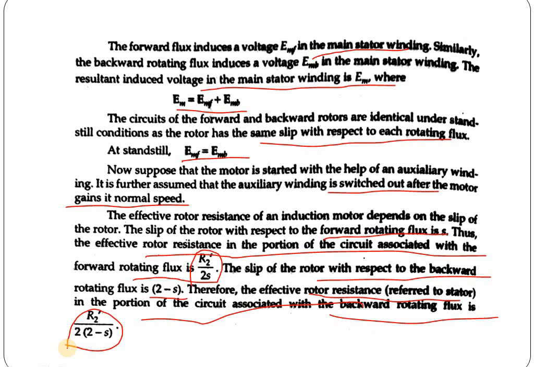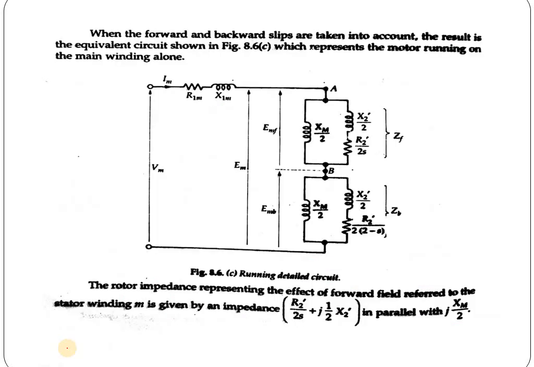Now our equivalent circuit with respect to slip will again modify the rotor part, and it becomes like this. This portion we have added slip. This is for the forward field and this one for the backward field. When the forward and backward slips are taken into account, the result of the equivalent circuit is represented here, Figure 8.6c.